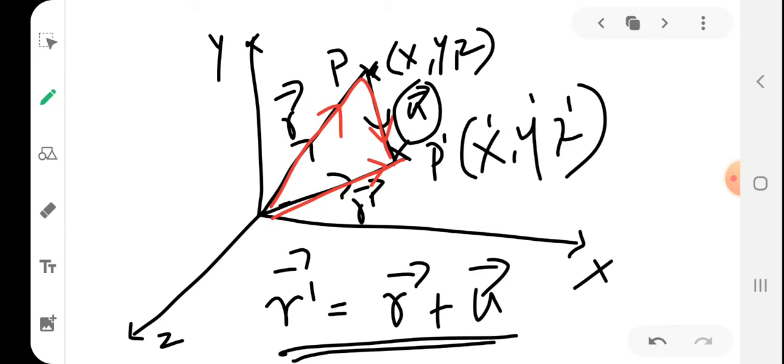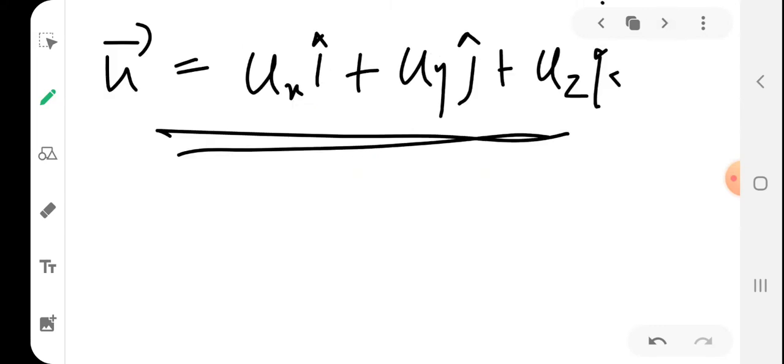The displacement vector u has components ux, uy, uz along x, y and z respectively, and therefore u can be written as ux i plus uy j plus uz k. The displacement undergone by any point is a function of its initial coordinates.